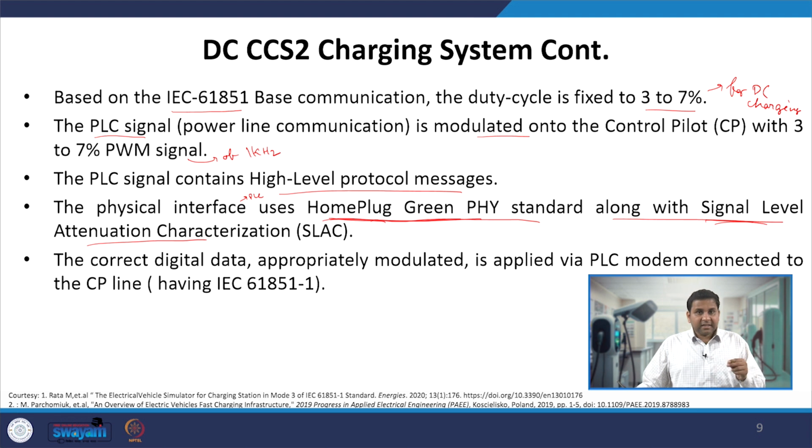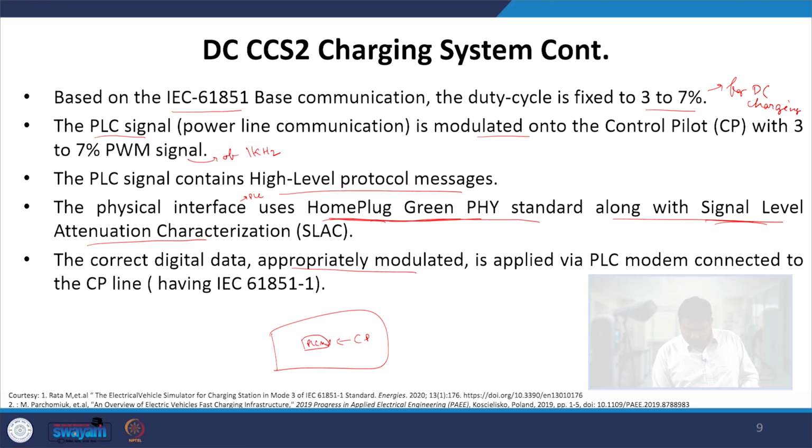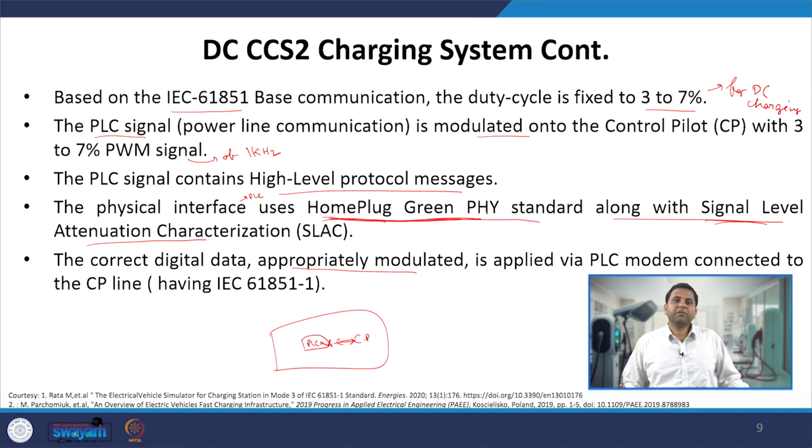So the correct digital data, which has been appropriately modulated, is applied via the PLC modem, which is connected to the CP line. So on the CP line, on the EVSE as well as on the EV, you have the PLC modem, and that will convert the information from the supply equipment communication controller into the PLC signals whose properties are defined by the HomePlug Green PHY standard.